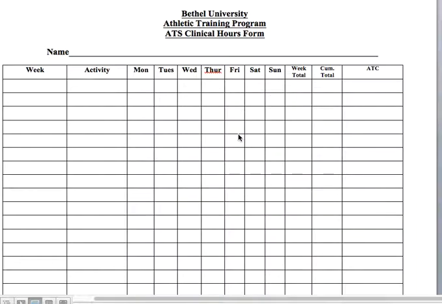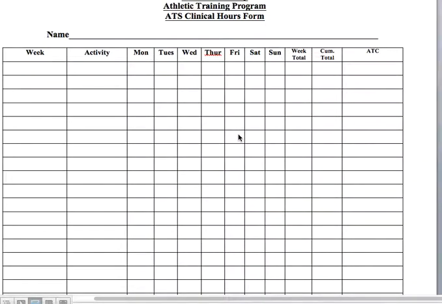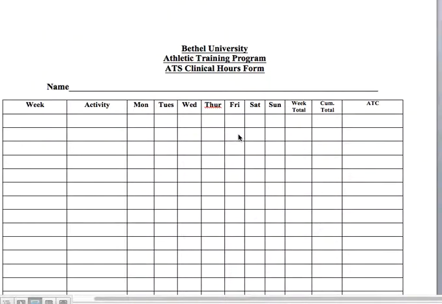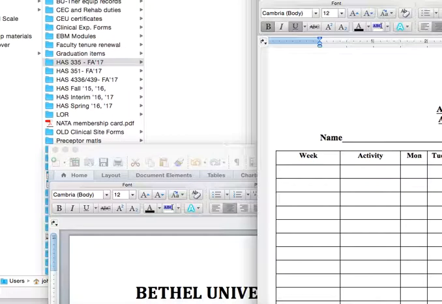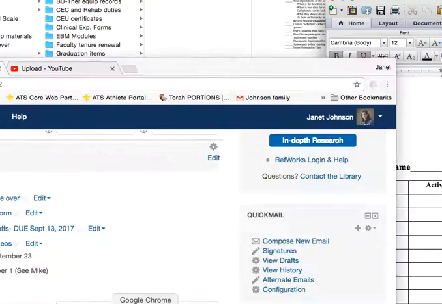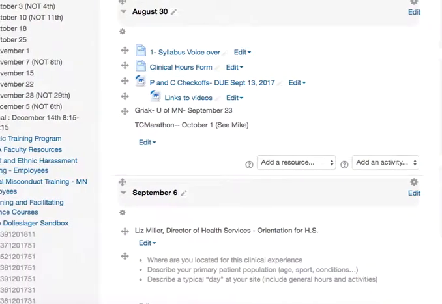Clinical hours form, here's a blank one for you. However, this is also on Google Docs if you choose to do this electronically, which I strongly encourage you to do. You should have the link to Google Docs through Moodle. Let's see if I can bring that up. Yeah.